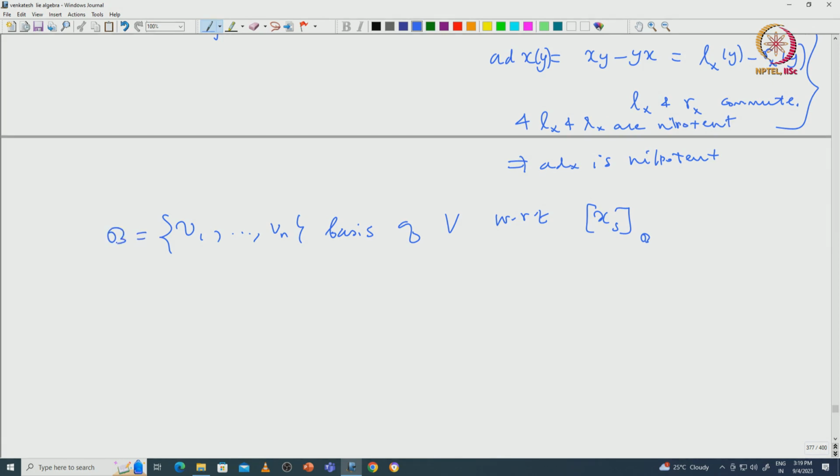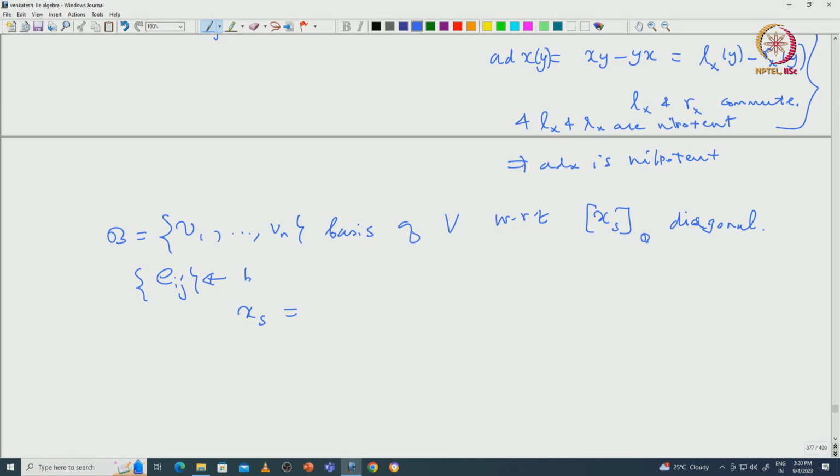So, this is the basis. So, this is diagonal. So, in particular x_s, with respect to this basis v_1, etcetera, v_n, we have a basis for the endomorphisms of V. That basis we denote by E_ij.